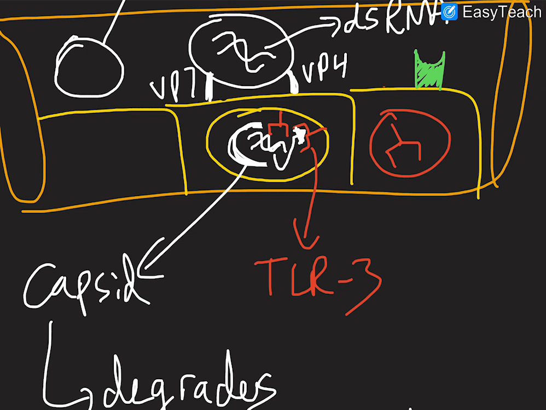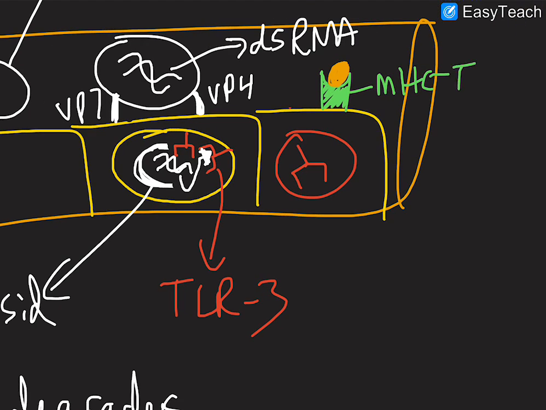So, for example, if the cell is infected with a virus, certain viral proteins can get expressed on the MHC class 1 protein on the cell.